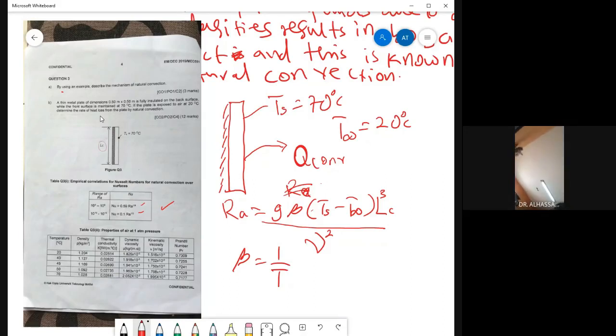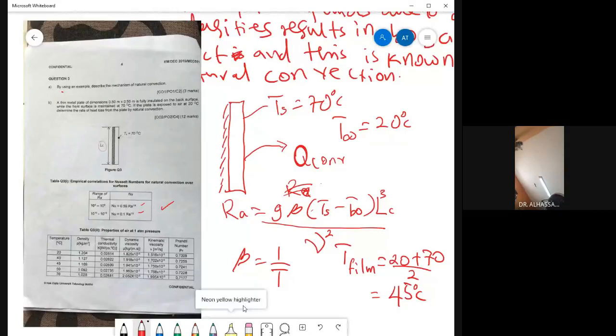So we will find the film temperature. T film equals the temperature of the fluid, which is 20, plus the temperature of the hot surface, 70, all divided by 2. This gives me 45 degrees Celsius. It is this 45 degrees Celsius we will use to calculate beta.